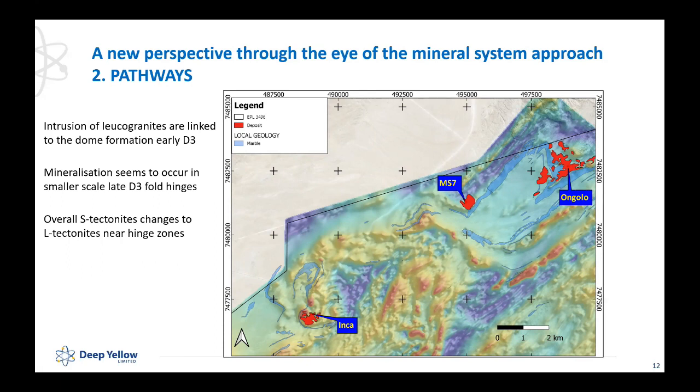The other bit is, if you go another 20 kilometers to the south, you come to a deposit that was originally put out as an iron ore deposit. That is purely magnetite, so it's a magnetite skarn.